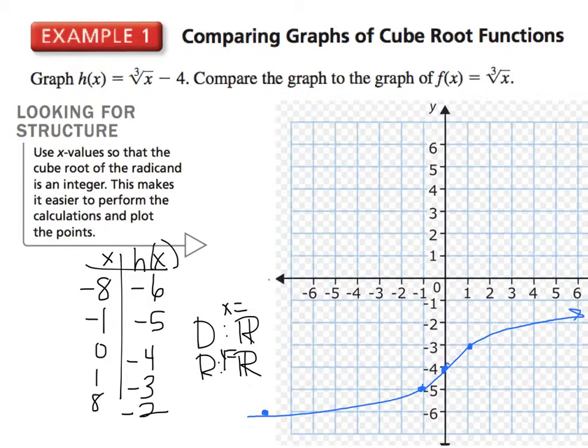And it would look something like that. Now, if you needed to compare it, which you do, what would you say? You would just say the graph of h is the translation 4 units down from the graph of f.